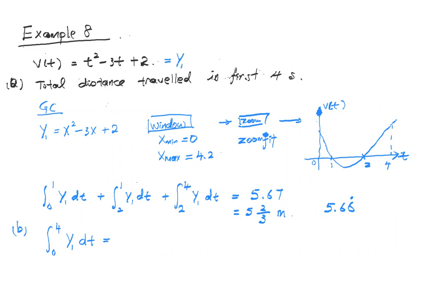So where is the starting point? The question doesn't give me. So I don't know where is the initial position of the particle. So we put it as C. Are you clear?